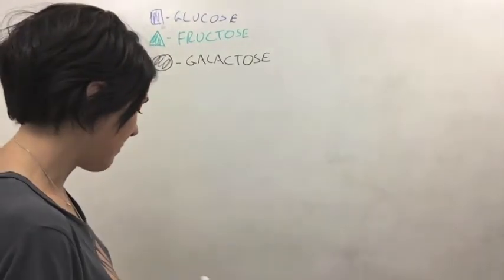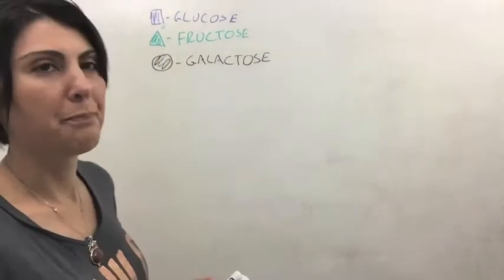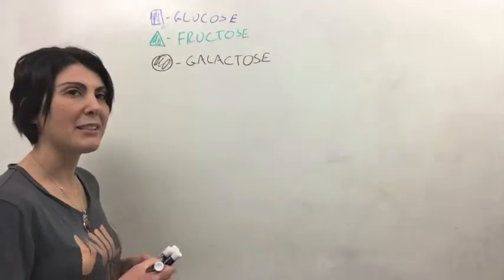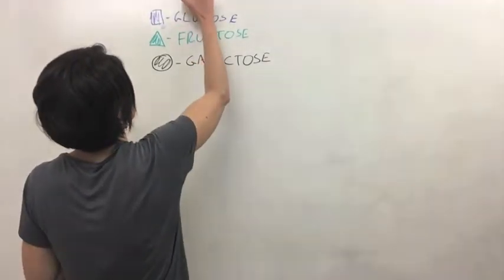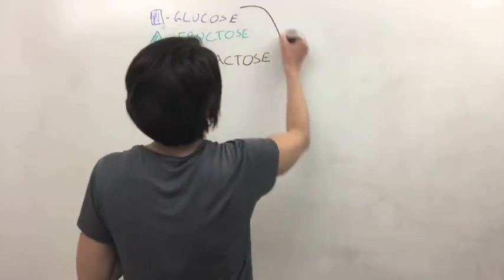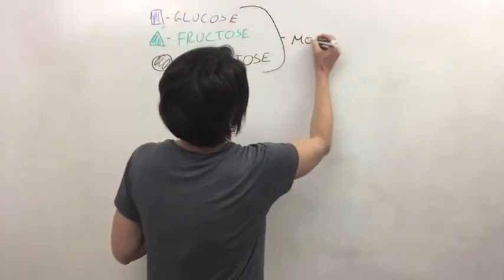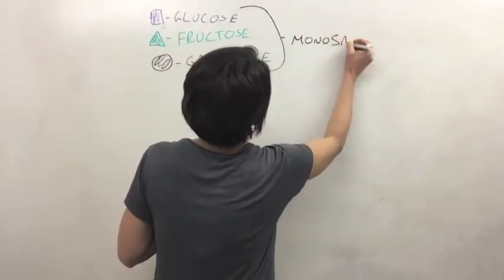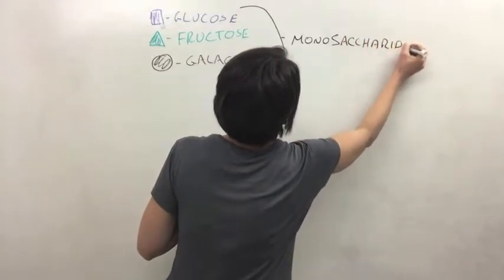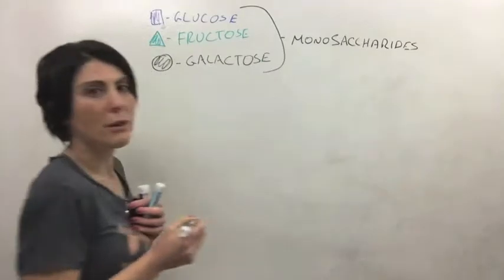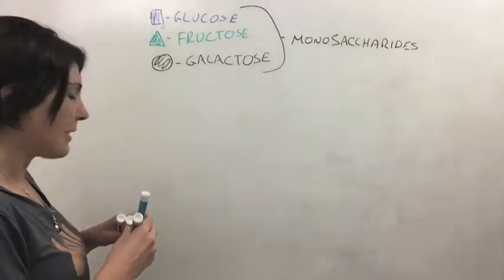The next level of carbohydrates are the disaccharides. So I might just write here monosaccharides, these ones here. And let's look at the disaccharides.